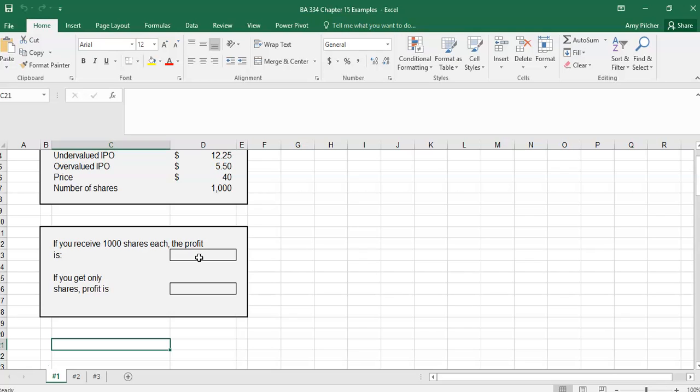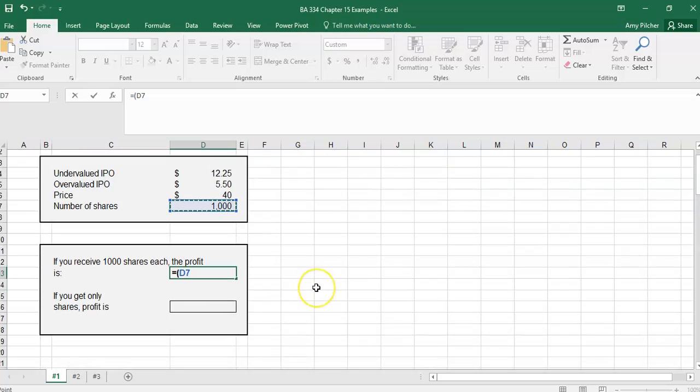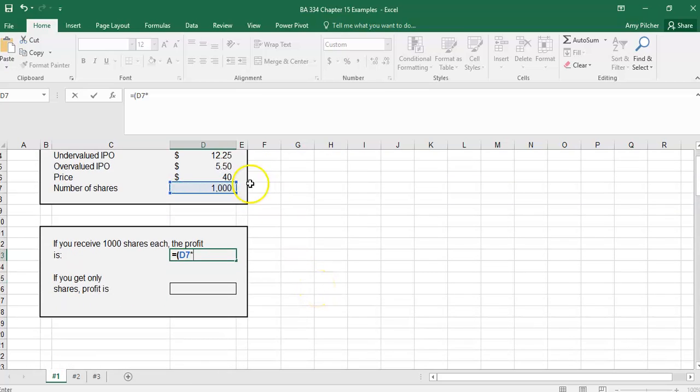So if we receive 1,000 shares of each, our profit is the number of shares times the undervalued IPO minus the number of shares times the overvalued IPO. So that equals the number of shares, 1,000, times the undervalued minus the number of shares times the overvalued.